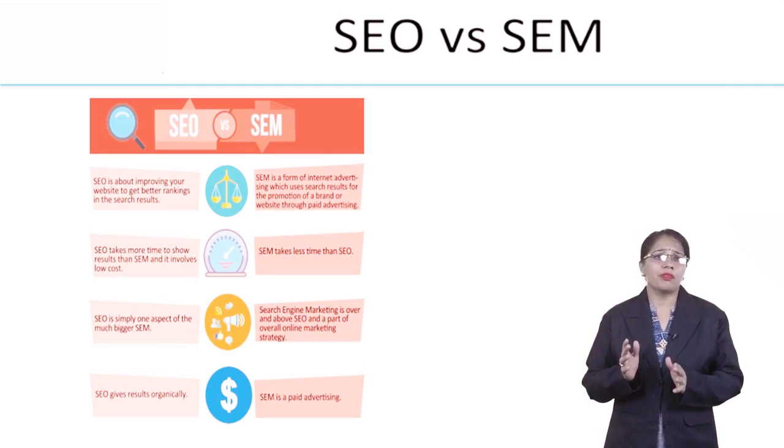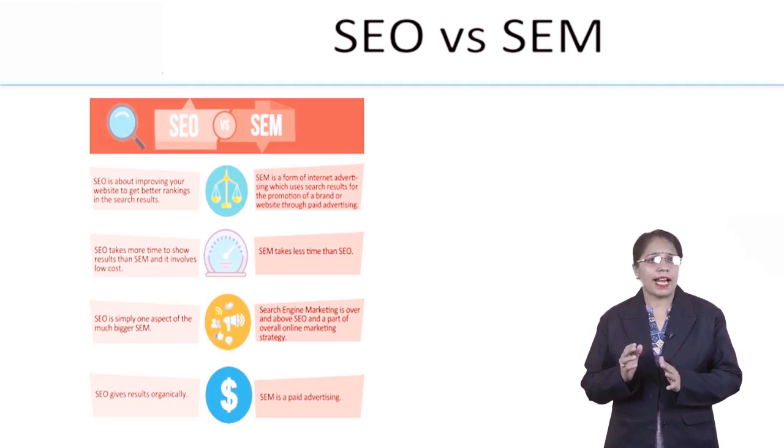Please don't get confused between PPC and CPC. CPC is the cost per click, meaning if you are paying 10 rupees per click, the CPC is 10 rupees, and if the amount that you have invested in Google AdWords is 100 rupees, then after 10 clicks the amount will be lost.